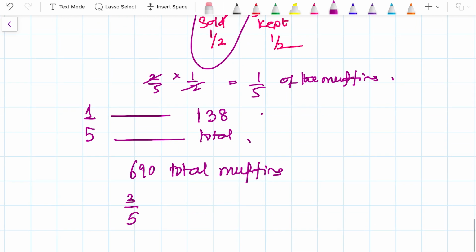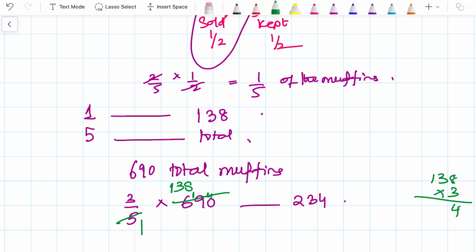So 3/5 of 690 is going to be 234. How did I find it out? 5 times 1, 5 times 1, 5 times 3 is 15, 5 times 8, and then 138 multiplied by 3, 9, 10, 11. So it's going to be a 414.